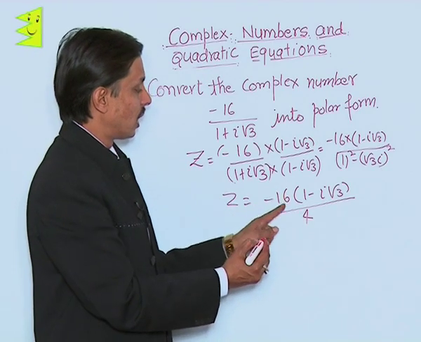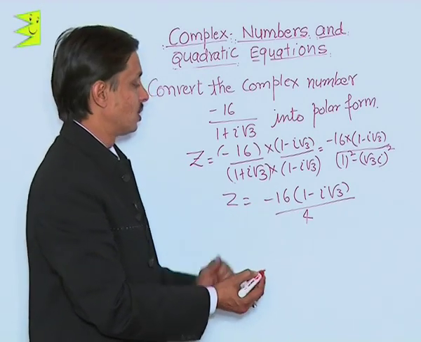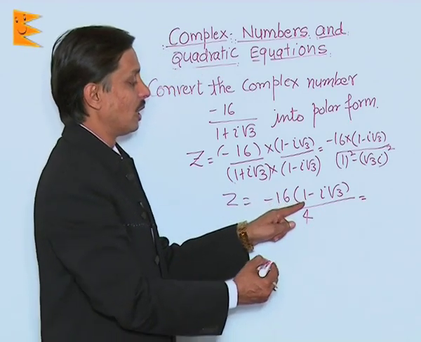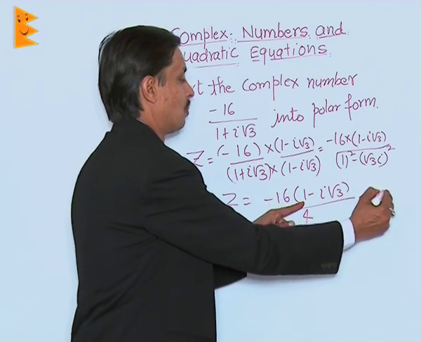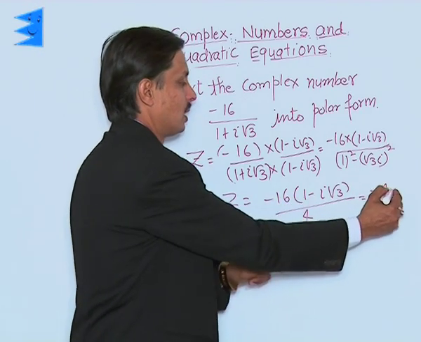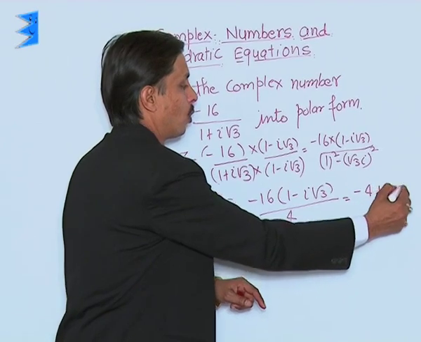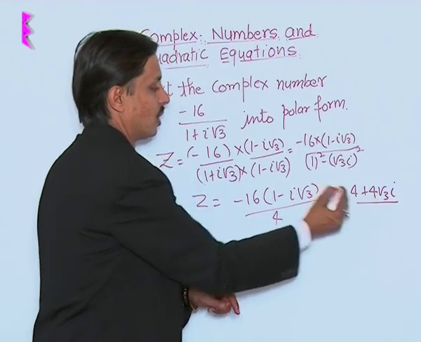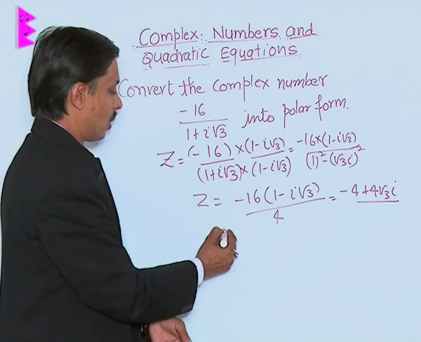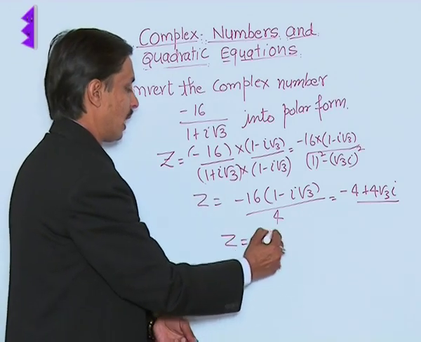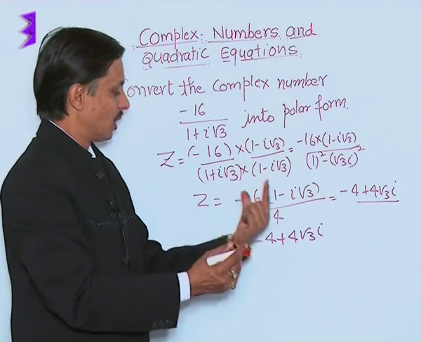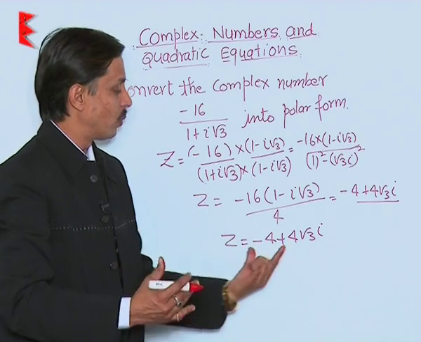And when this 4 divides -16, this will give us -4, and when -4 is multiplied with 1, it gives us -4, and -4 into minus, this gives us 4 root 3 iota. So our complex number in exact form, that is z is equal to -4 plus 4 root 3 iota, is the pure x plus iy form.